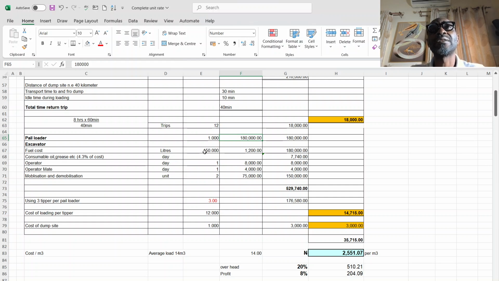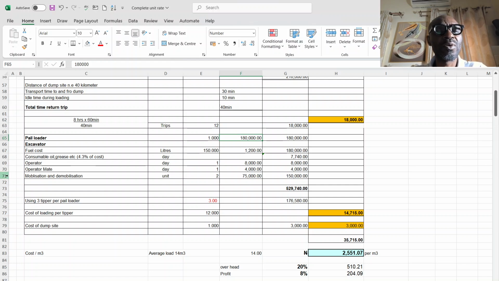There are rentals where all of this will be included. There are rentals where you rent the equipment, you provide your operators, you provide your fuel. So depending on the model that you are applying, that is why you needed to know all of this, for you to actually know what you're doing.